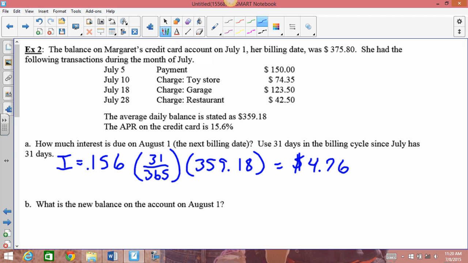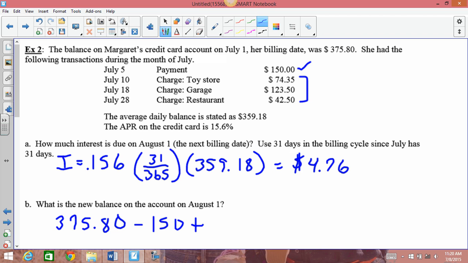All right, then when you get to Part B, it says, what's the new balance on the account as of August 1st? Her new balance is going to be her previous balance, which is $375.80. You're going to subtract out any payments that she made, and you can see that she made a $150 payment. You're going to add in her charges, and you can see that these three values all represent charges.